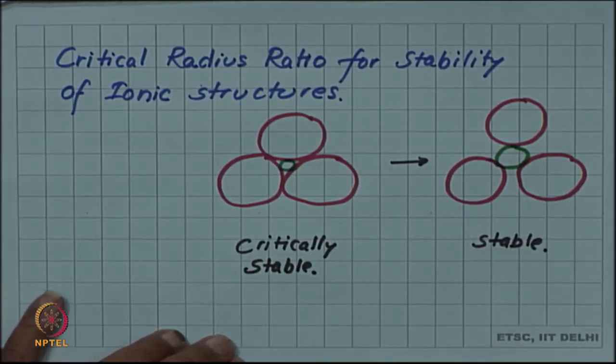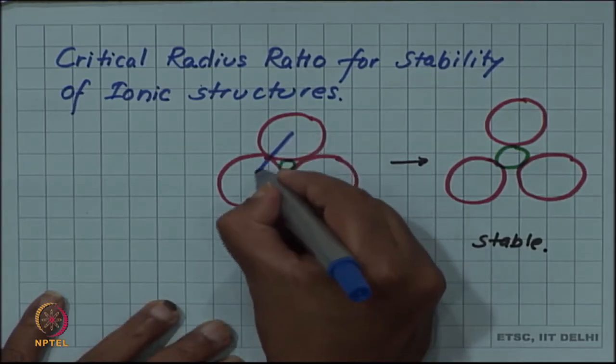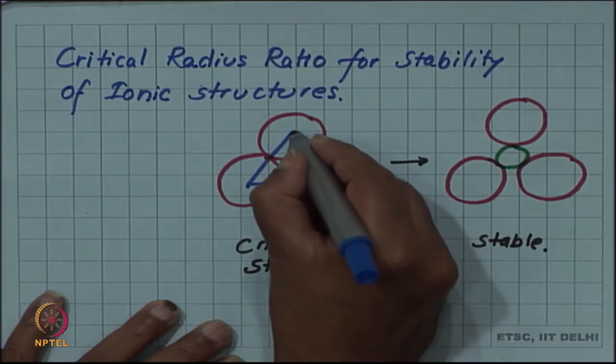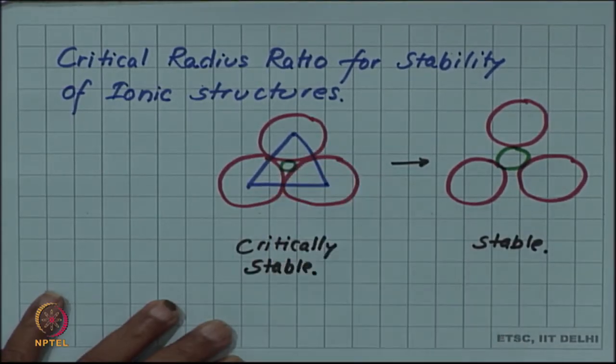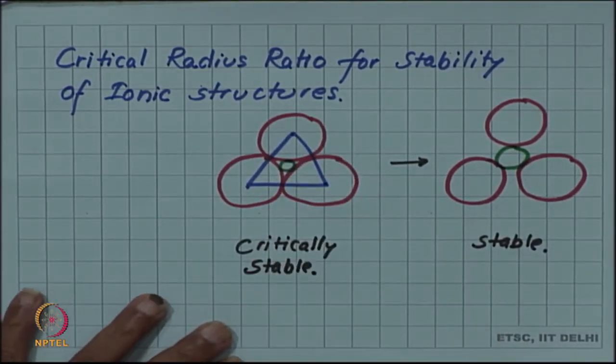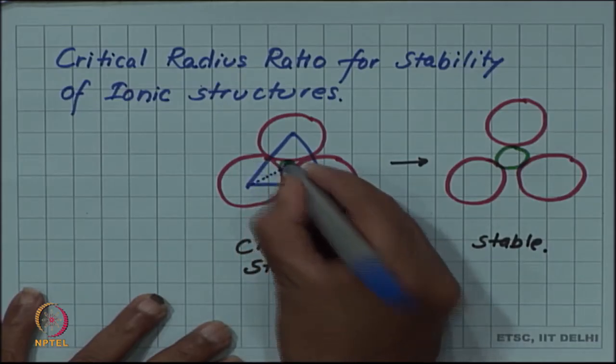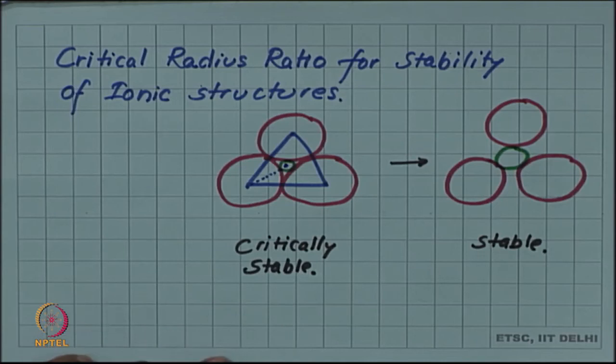So, we can easily solve the geometry of this. This is an equilateral triangle, and this is the distance of the centroid to the corner of the equilateral triangle.